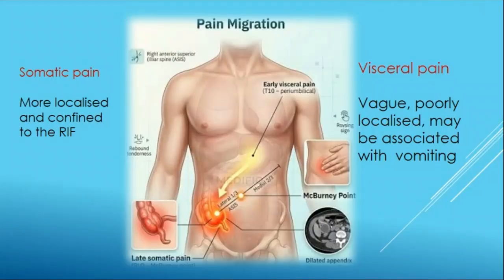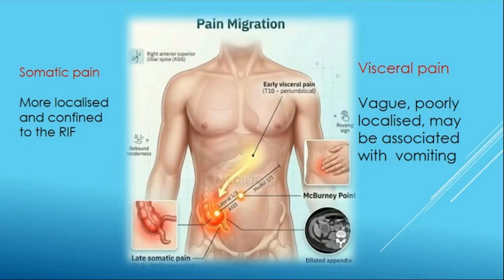One of the classical textbook examples to explain visceral pain and parietal pain is the acute abdomen, acute appendicitis. In acute appendicitis, the appendix will be inflamed. The appendix is a midgut structure.